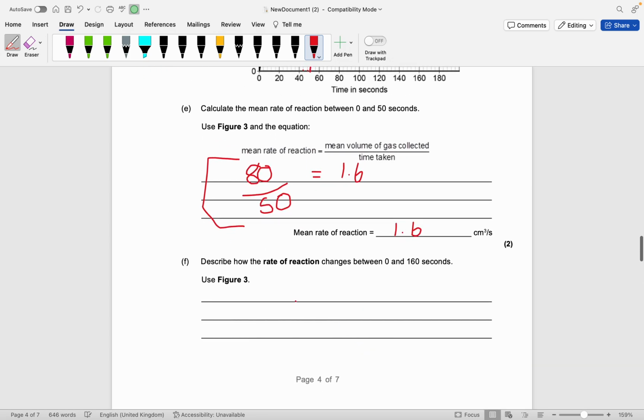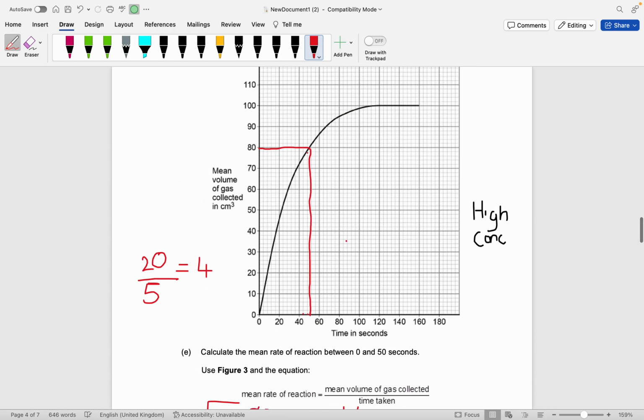It says describe how the rate of reaction changes between 0 and 160 seconds, so use figure 3. So let's have another little look. We can see here is 160 seconds. We can see that the rate on this graph is the gradient.